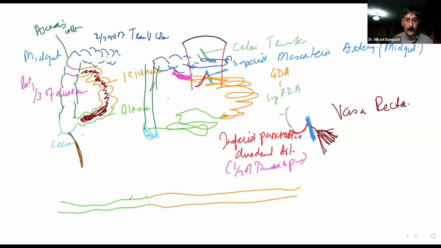But we can differentiate it from the pattern of the vasa recta.